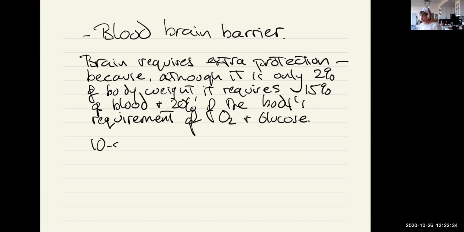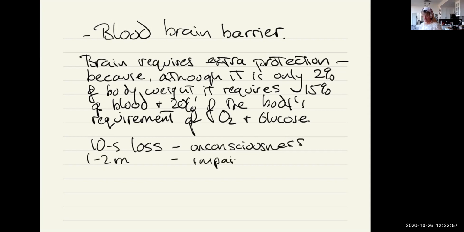A 10-second loss of oxygen and glucose to the brain would lead to unconsciousness. In 1 to 2 minutes, impaired neural function. And 4 minutes could lead to irreversible damage.